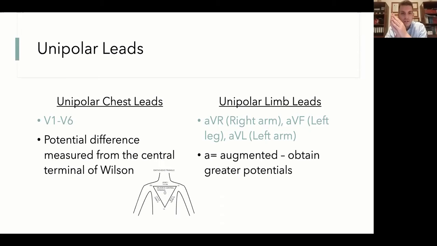I think it's rather simple. We will talk about how we place those leads in just a few seconds. Also, don't forget to mention the AVR, AVF, and AVL, the augmented leads, that actually gain greater potentials, showing us the deeper insight into the function of the heart.